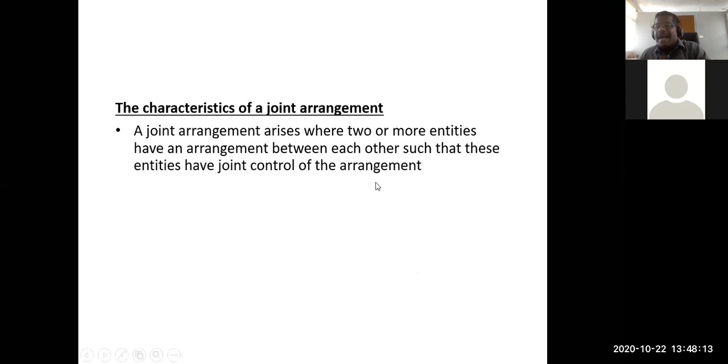The control is there, but jointly controlled. Not like the subsidiary case, where you can remember the parent controls the subsidiary. But in this case, the particular entity is not controlled by one entity, but controlled by two. So it's called jointly controlled, not one. I think you got my point. Okay.